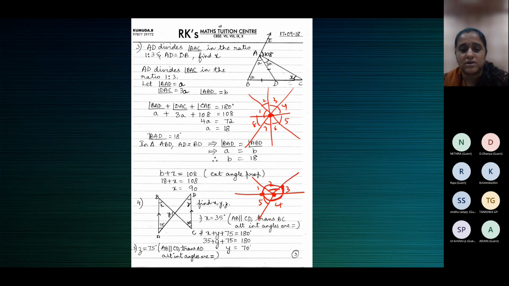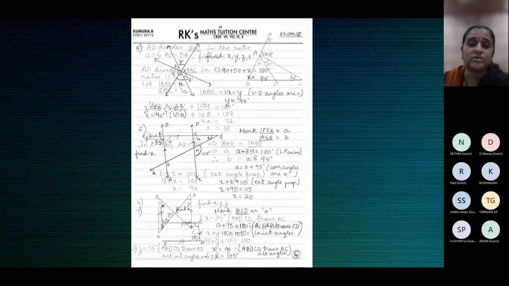It continues, this is 4, this is 5, this is 1, and this is 2. You come back to the starting point. So you started here and made one full round. You come back here. The sum of all the angles formed around this point is equal to 360 degrees. So maybe 3 angles, 4 angles, 5 angles, however many angles are formed around a point, their sum is equal to 360 degrees.